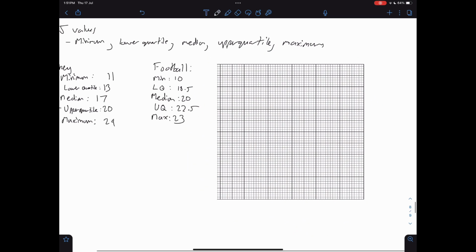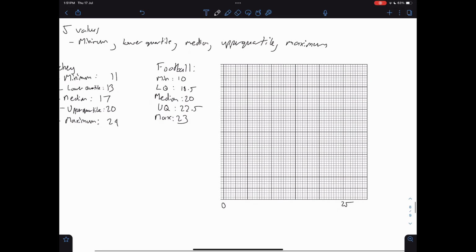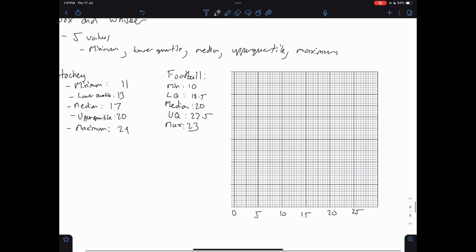In fact, we might just rotate this. We'll start at 0 here and we'll end at 25 here. And then this will be 5, 10, 15 and 20.